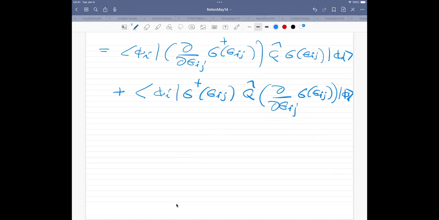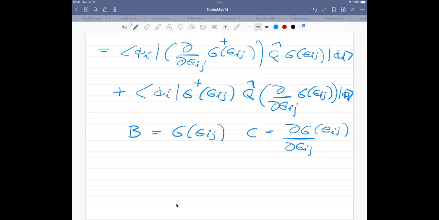Then what you can do is just to introduce new variables where I use B equal g of theta ij. So I'm just repeating the same old trick which we used when we did the variational quantum eigensolver. This is the kind of repetition which we are also doing since this is the last lecture. So I'm just reminding you of some of the basic quantities.